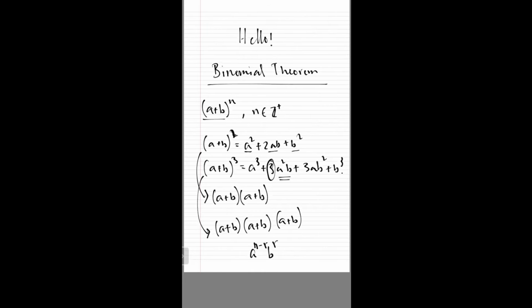In this way, if we come to the second last term, the second last term will be with r equal to n minus 1. So we can write it here: nc n minus 1, a to the power 1, because a to the power n minus r with r equal to n minus 1 gives you 1.